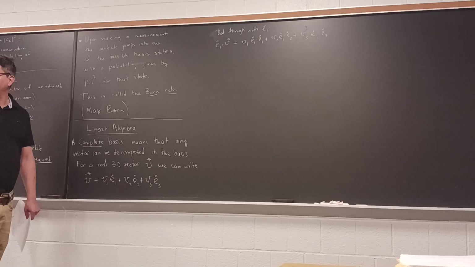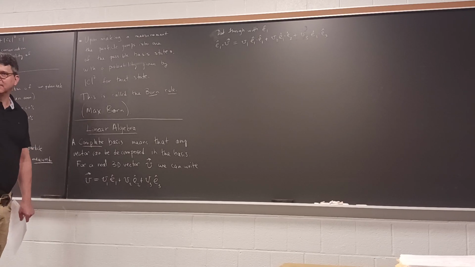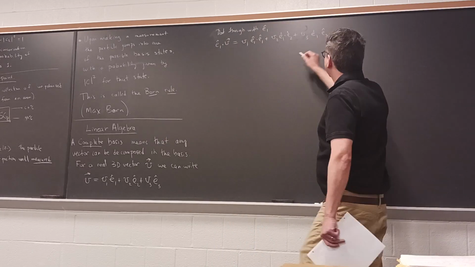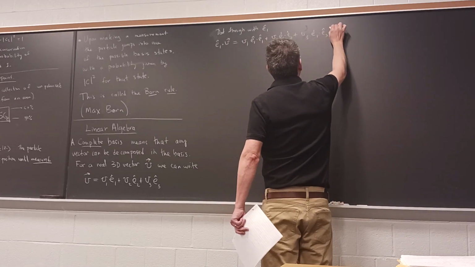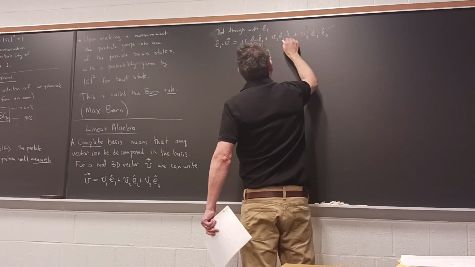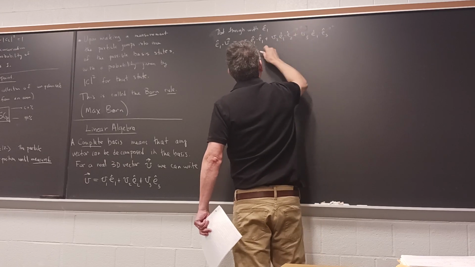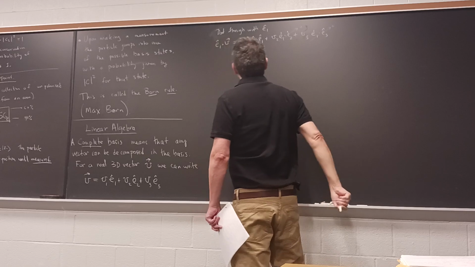So now which terms go to 0 here? The E2 and E3 terms will go to 0, because E1 is perpendicular to E2 and E3, and E1 dotted with itself is just 1.